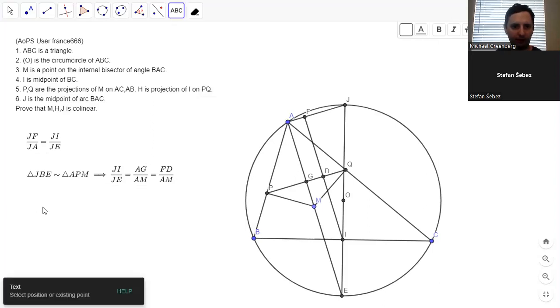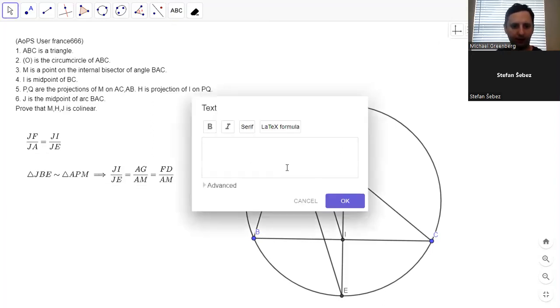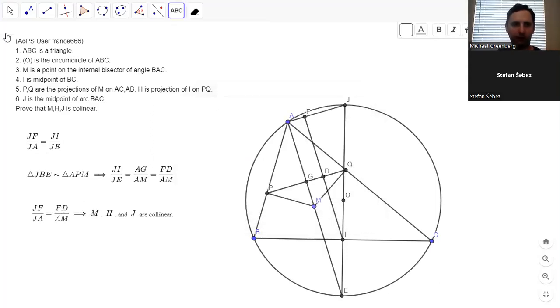So we have JF over JA equals FD over AM. That implies MH and J are linear. Now let me fill in some of the details.